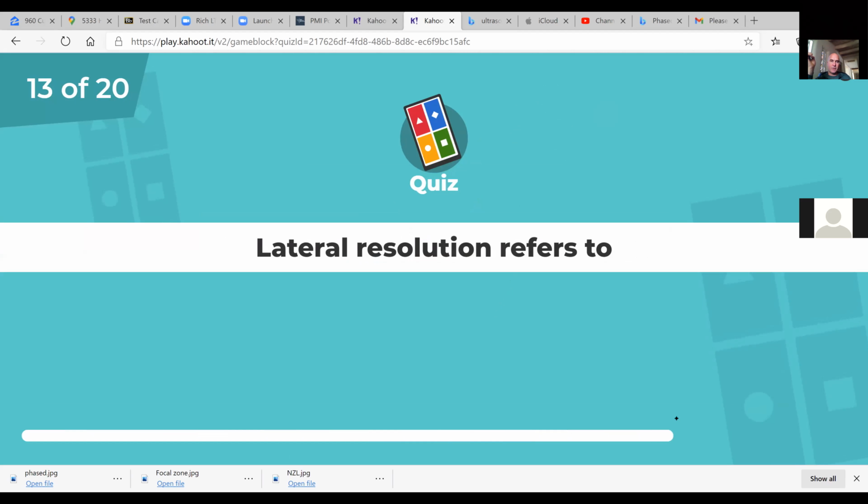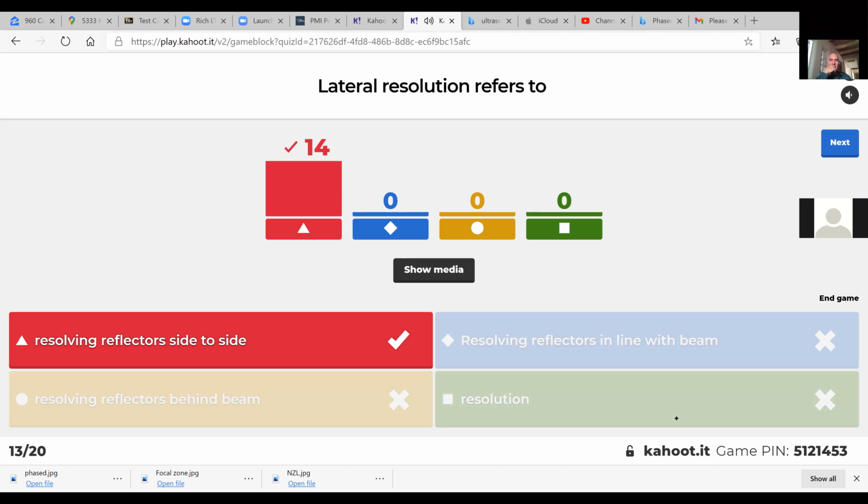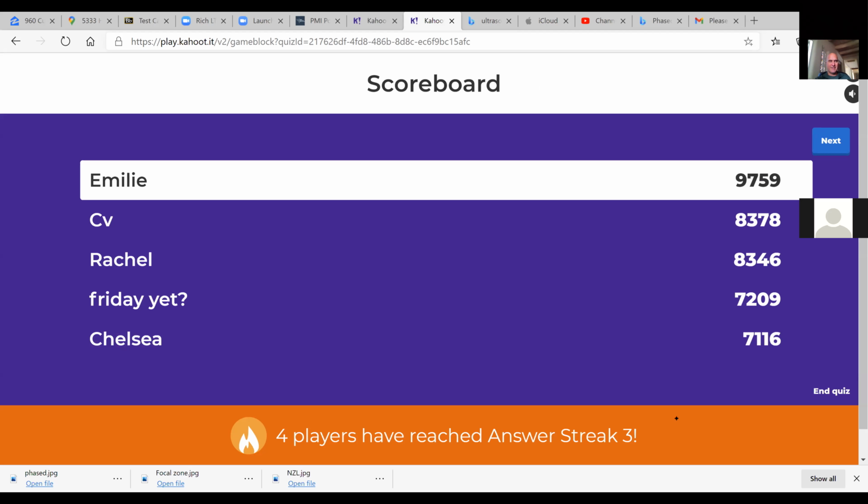Lateral resolution refers to side by side, very good.